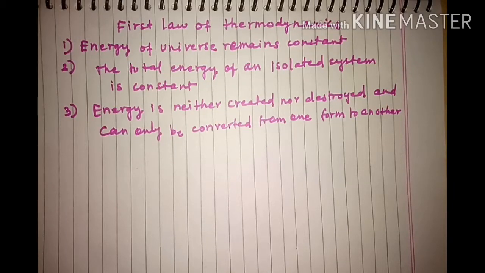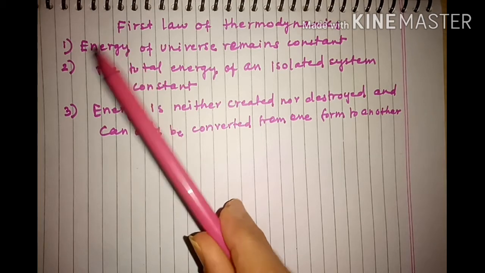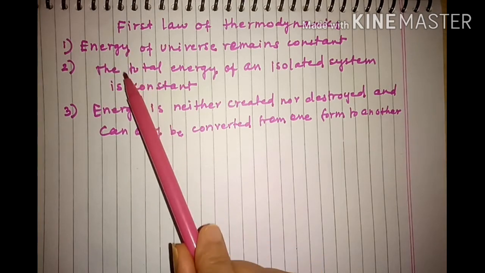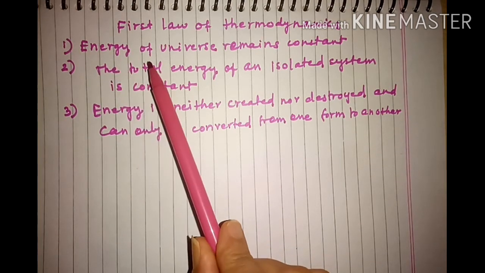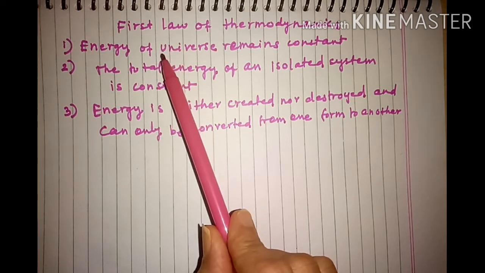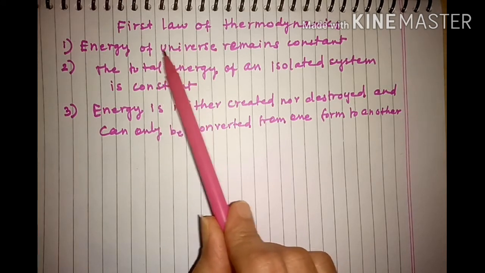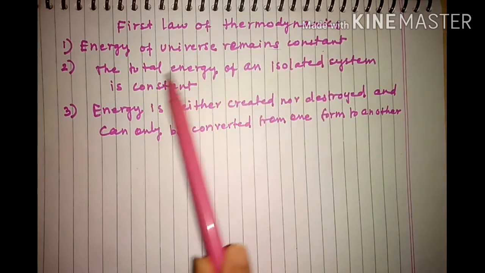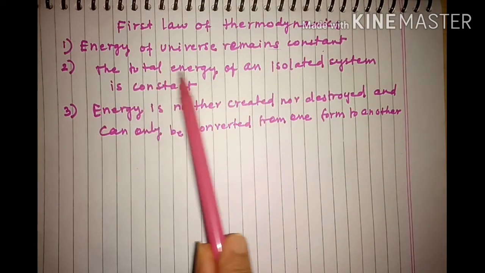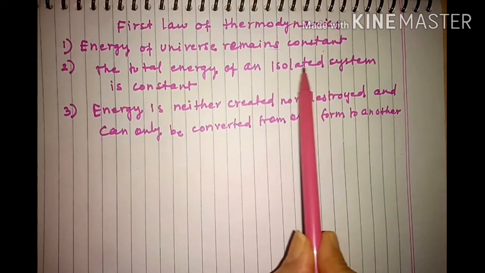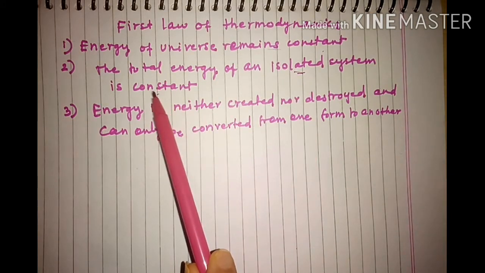Students, we will start with the first law of thermodynamics. Here you can see there are three different ways by which you can express the first law of thermodynamics. First, the energy of the universe remains constant. Second, the total energy of an isolated system is constant.